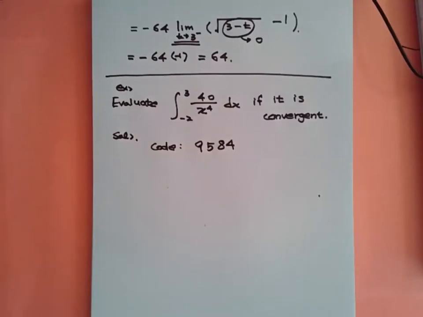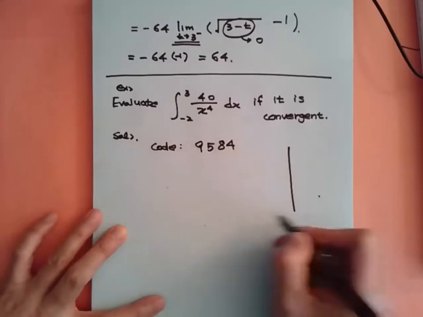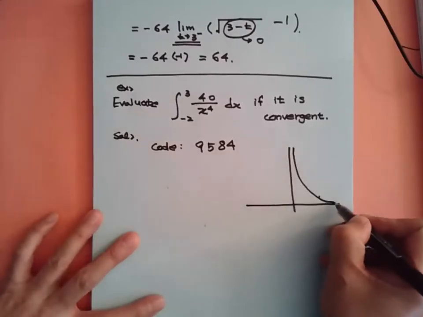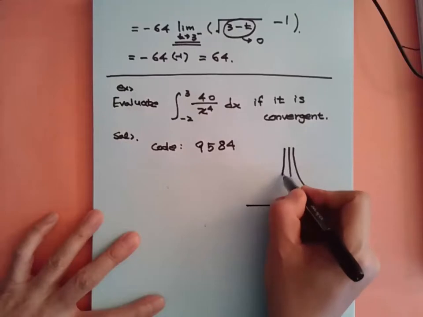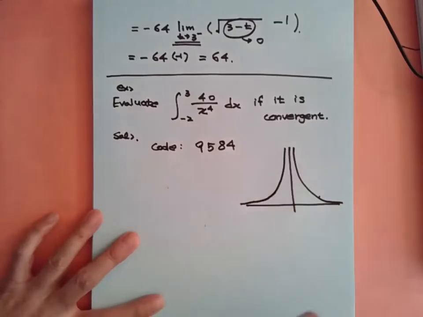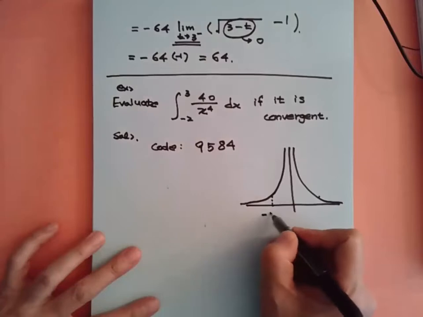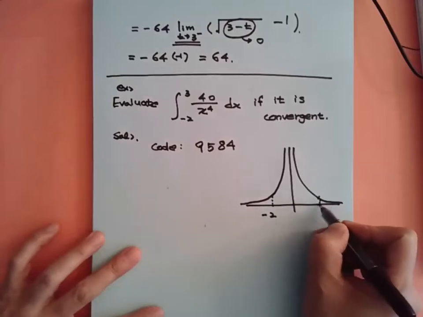This time the situation is a little bit different because we are thinking about a function which is symmetric with respect to the y-axis, and we are thinking about minus 2 to 3.